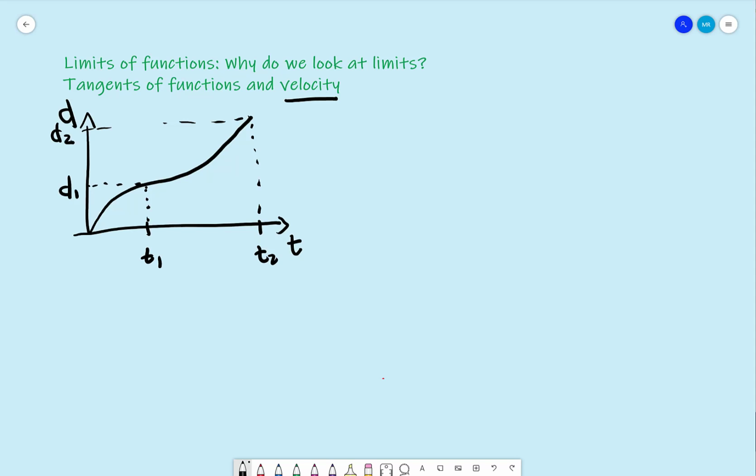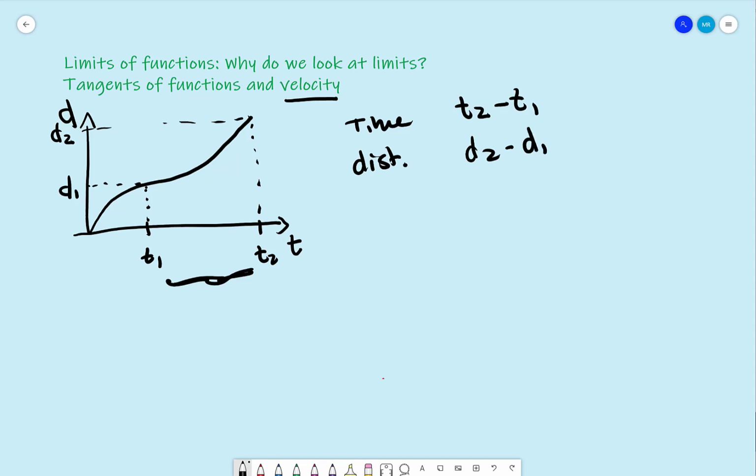Now, if we want to know how long it took the object to go from d1 to d2, the time it took the object to move is just t2 minus t1. So it's this amount of time down here in order to go from d1 to d2. So the distance is d2 minus d1.